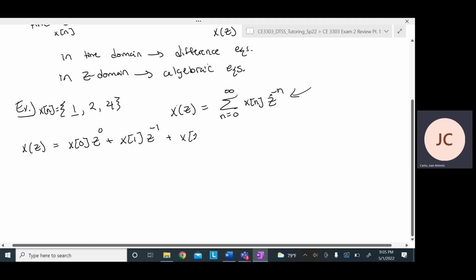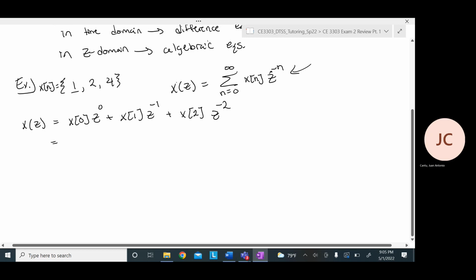Plus x of 2, z to the -2 power. So if we substitute our x of 0, x of 1, and x of 2 in, we'll have 1 plus 2z to the -1 plus 4z to the -2.